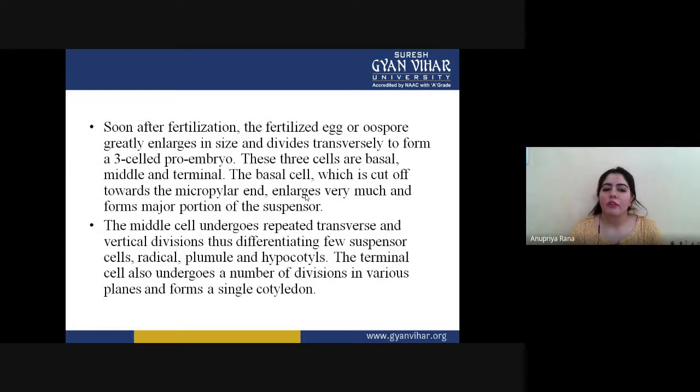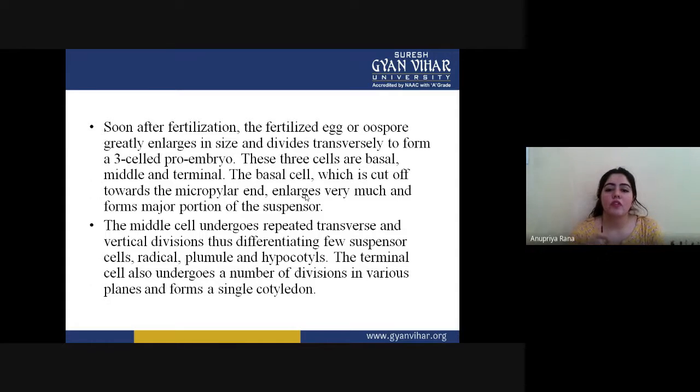Soon after fertilization, the fertilized egg, or oospore, greatly enlarges in size. So what happened just after the fertilization? The oospore starts growing in size. They undergo repetitive divisions because they need to enhance their size. They divide transversely to form a three-cell proembryo.